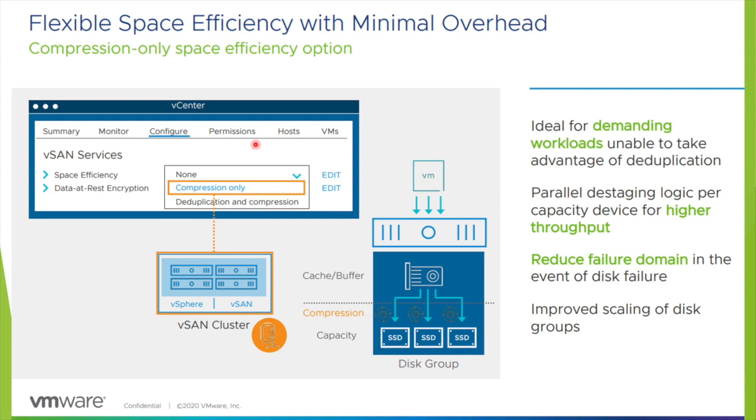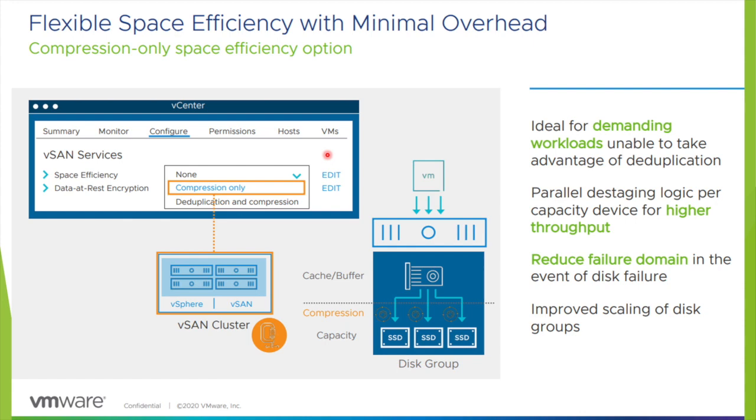There was a demand for having compression isolated from deduplication, because some customers didn't get a massive benefit from having dedupe turned on with the amount of data they have, but compression would help them. So they are giving a choice over here: you can have compression and deduplication.